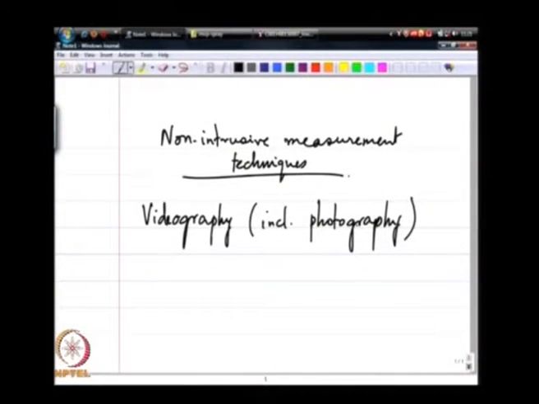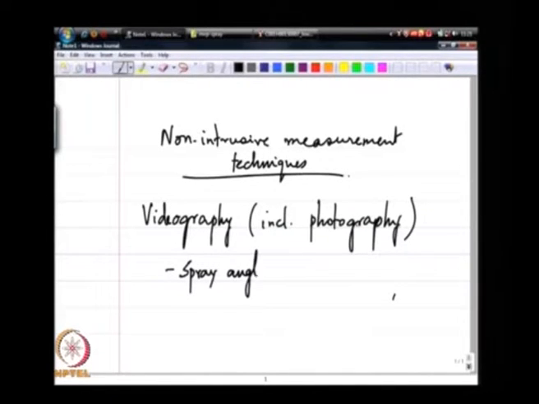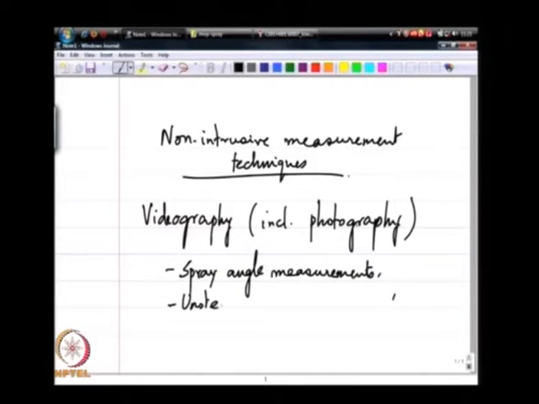So, let us make some notes on what works and what does not work. So, one could make spray angle measurements. One could look at unsteadiness in the spray.